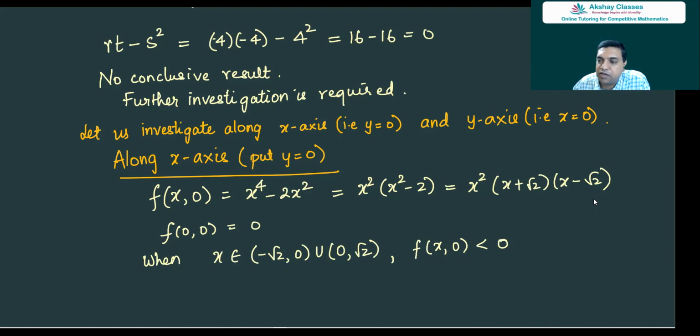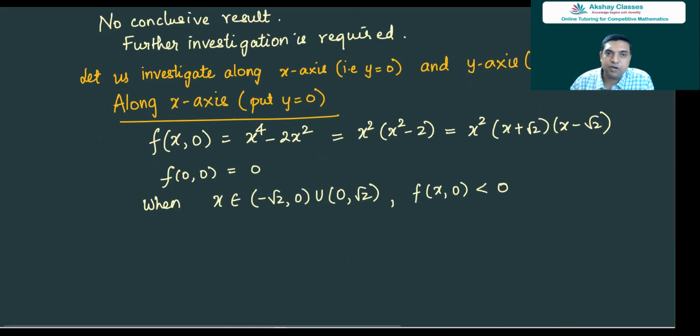It's a negative value because in between, one term will be positive and the other term will be negative. So it is negative in the neighborhood of 0.